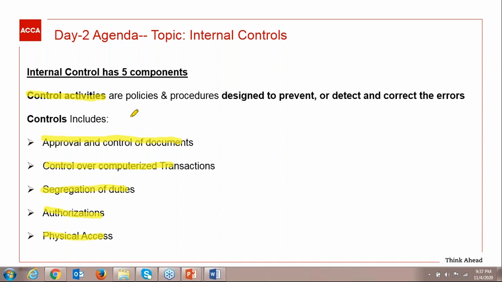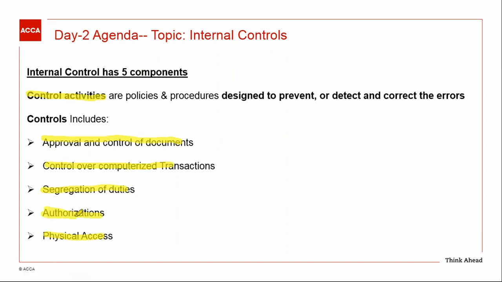But how do control activities help? We use the word authorization. The security guard authorizes the person after clearance so that he or she can enter into the premises of the organization.